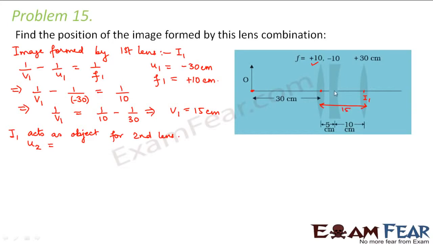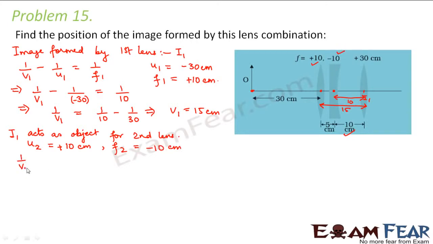So what is the distance of I1 from the second lens? This distance is given as 10 centimeters. Therefore, U2 is equal to 10 centimeters, and since the object is on the right hand side, this would be positive. And the focal length of the second lens is given as minus 10.